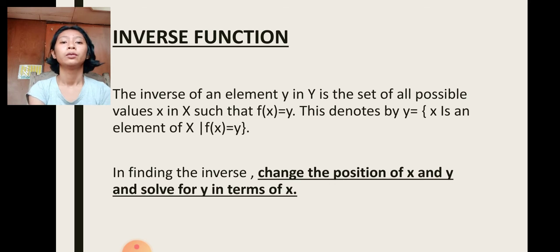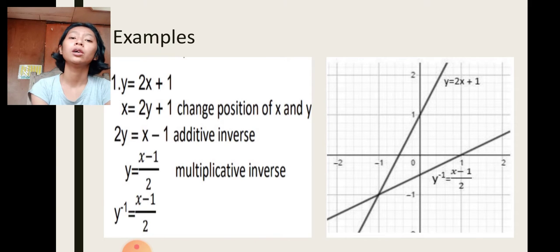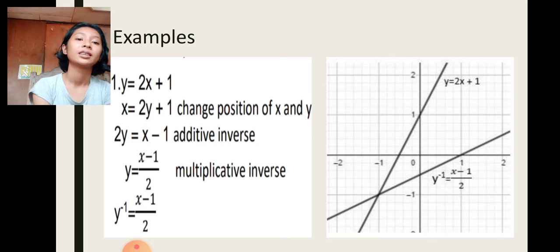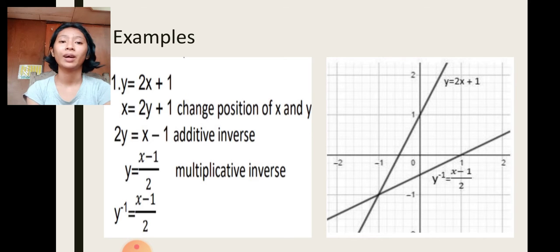In finding the inverse, change the position of x and y and solve for y in terms of x. For example, y is equal to 2x plus 1. First, change the position of x and y. So it will be x is equal to 2y plus 1. Next, apply the property of additive inverse.